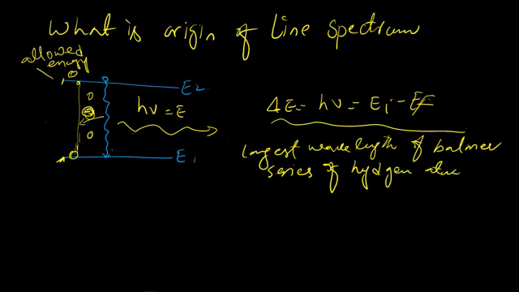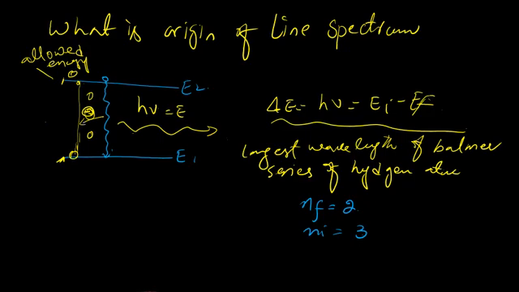The longest wavelength in the Balmer series of the hydrogen atom can be found when, for the Balmer series, we know that nf is equal to 2, and ni is equal to 3.